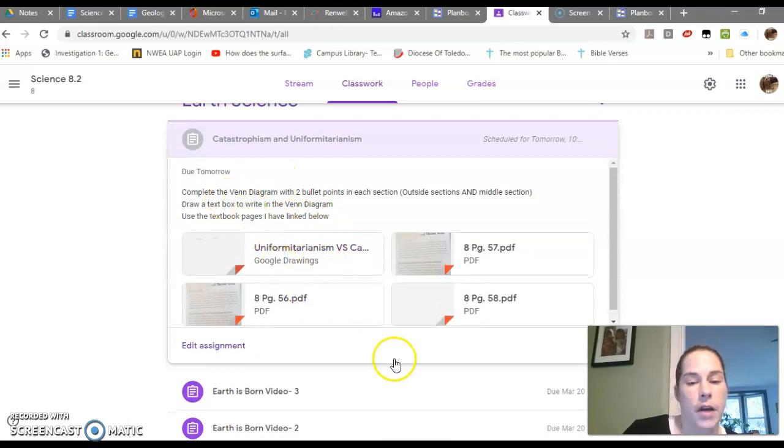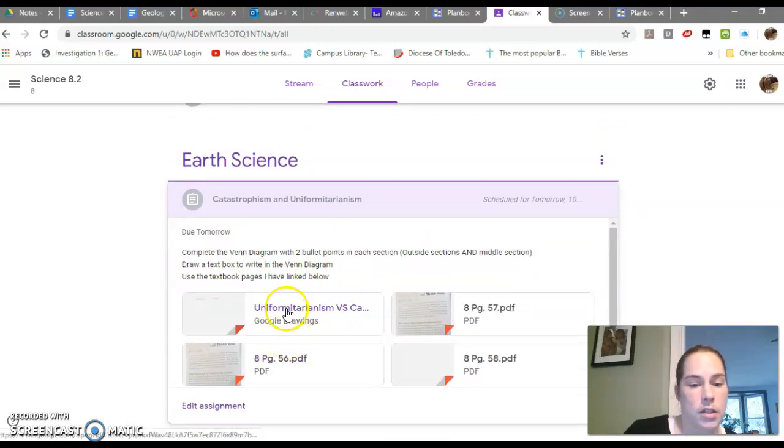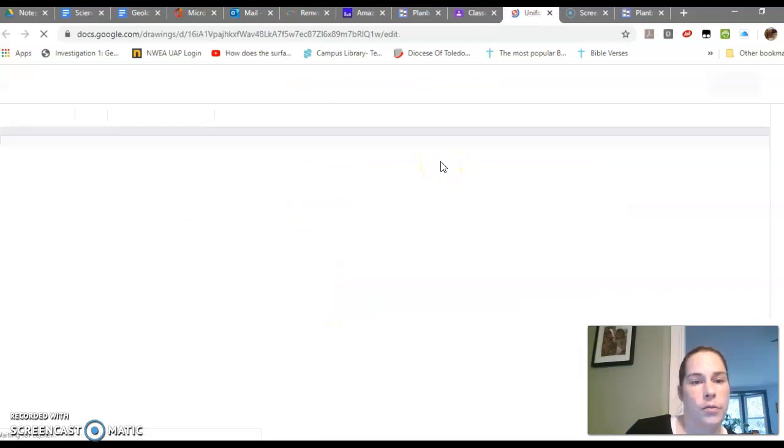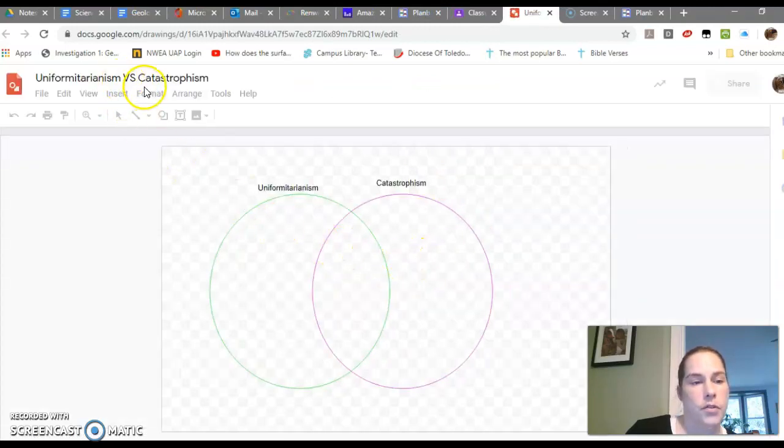You need to complete the Venn diagram, which is a Google drawing. I've linked 3 pages from your science book to help you with this. They go over the terms uniformitarianism and catastrophism. When you open up the actual Venn diagram, you just create text boxes in each section.